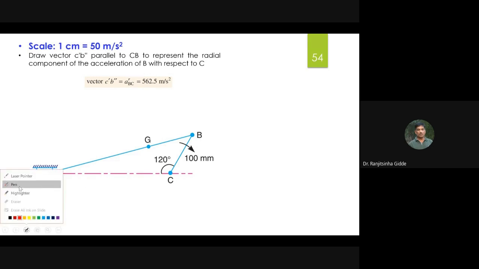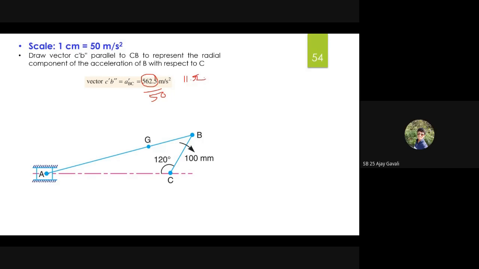So approximately, how many centimeters does it come to, Ajay? How many centimeters? Divide by 50. 11.25. Take that much distance. Okay, so with 11.25 draw this vector.